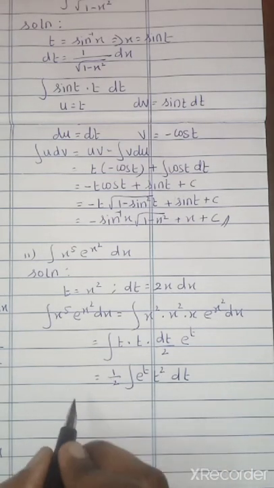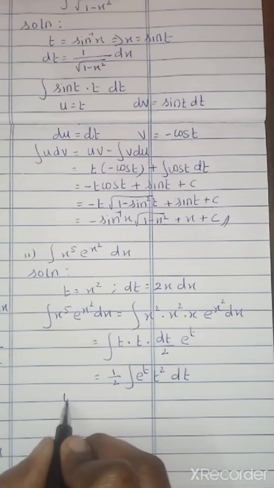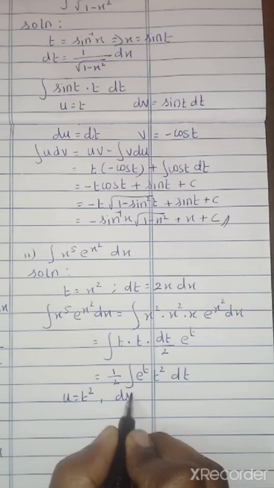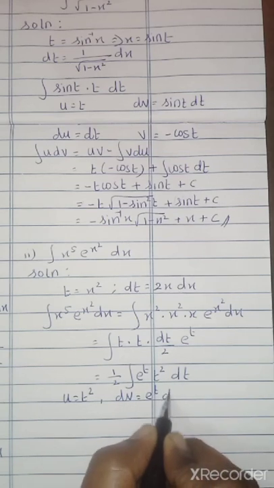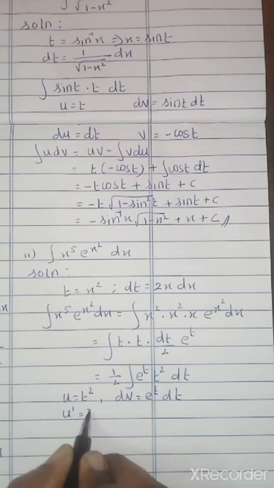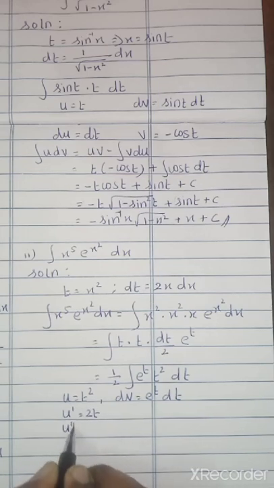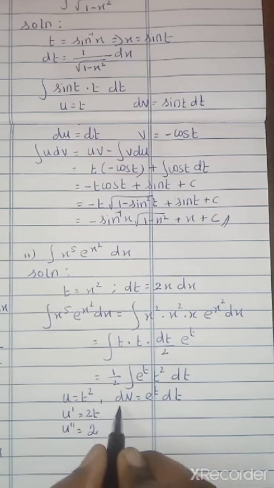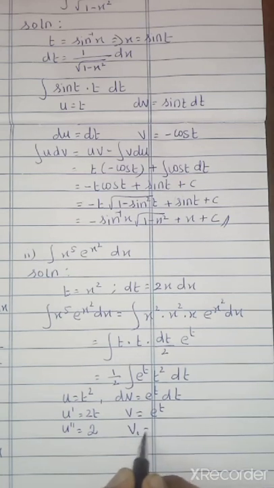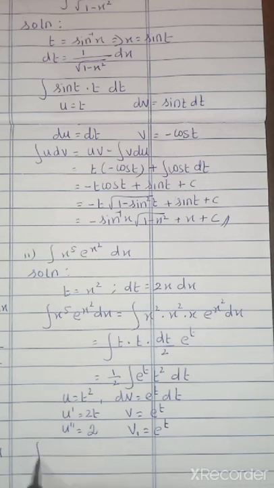Now look, your power is higher, so we can use Bernoulli's theorem. First we take u equal to t square, dv equal to e power t dt. So u dash equal to 2t, u double dash equal to 2. Here v equal to e power t, v1 equal to e power t. What is Bernoulli's theorem?